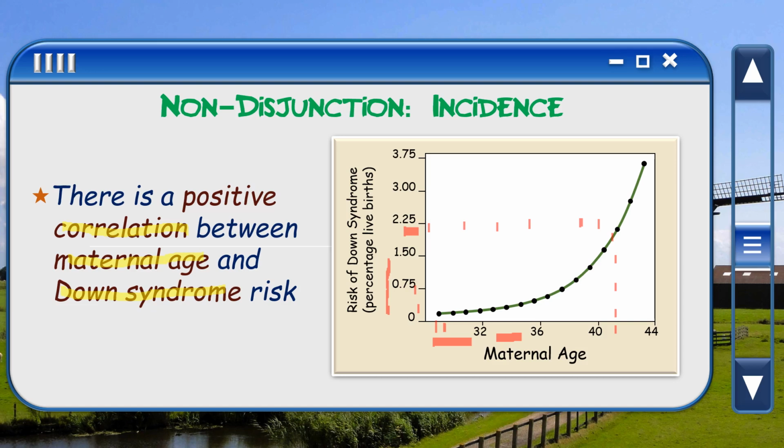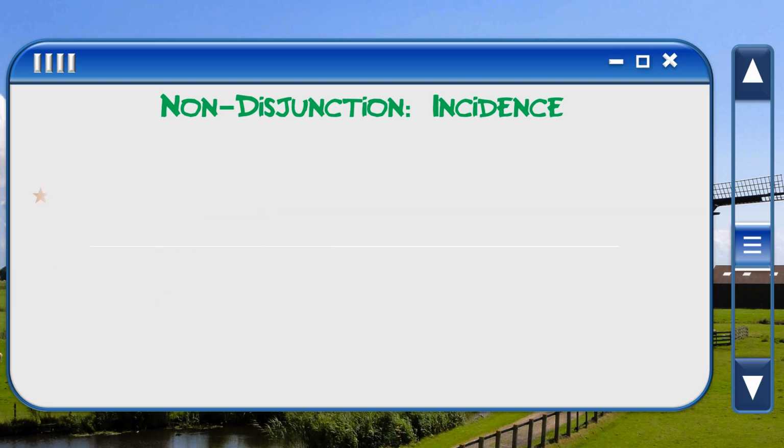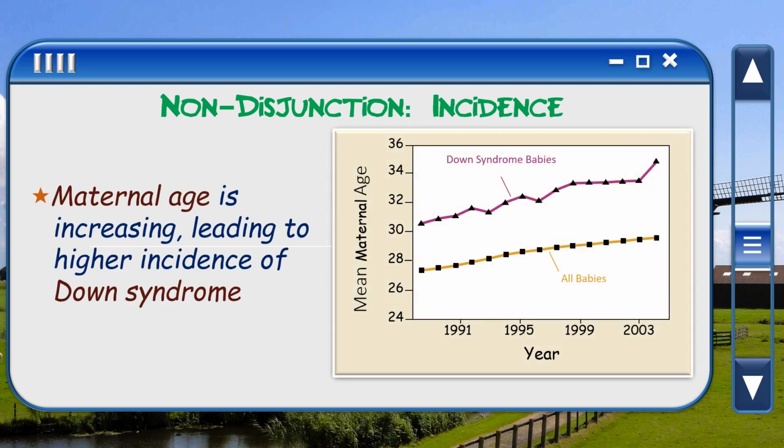As the mother conceives beyond her 30s, the risks of having a Down syndrome birth also continue. So maternal age is increasing, leading to higher incidences of Down syndrome. As the maternal age increases, the Down syndrome increases.